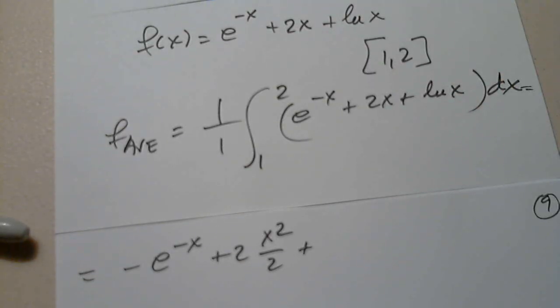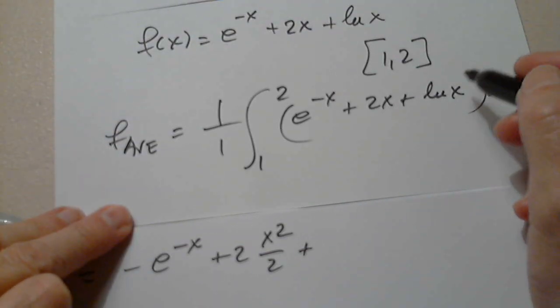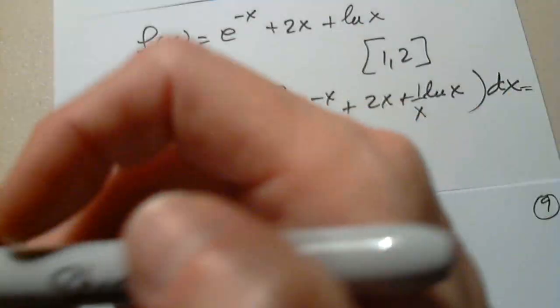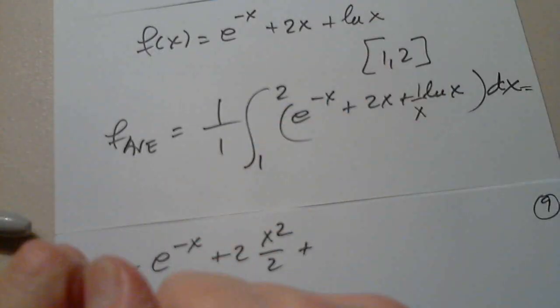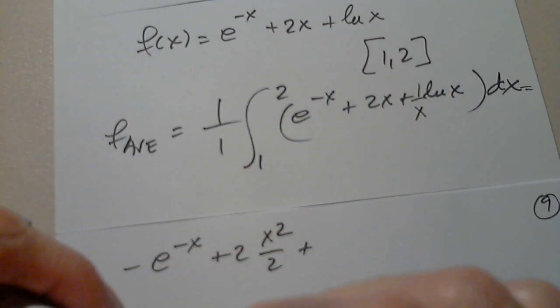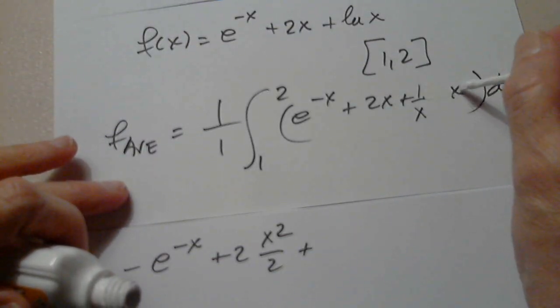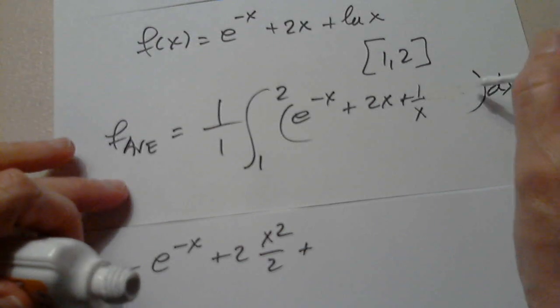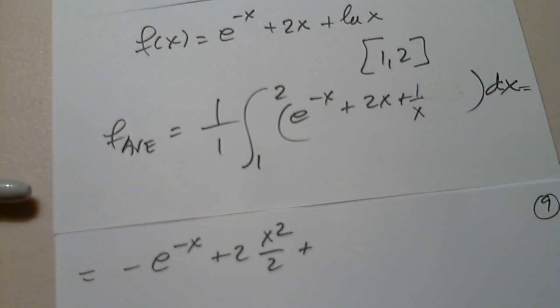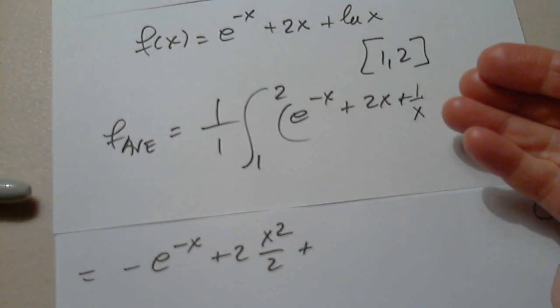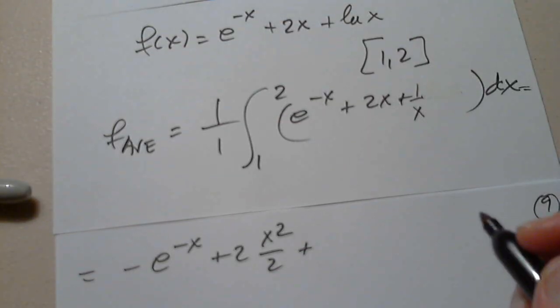We have to use integration by parts. So I have to change this into 1 over x. We have not studied in this class how to determine the antiderivative of natural log. Okay. I don't have a function whose derivative is natural log.